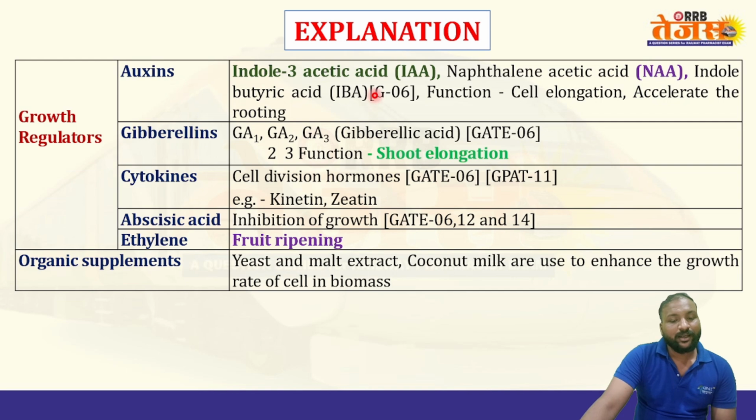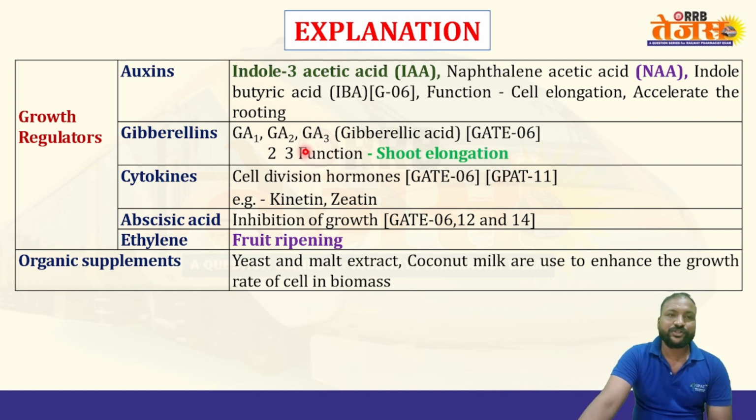Now we can see that in previous years of the GPAT examination as well as the GATE examinations, these questions appeared. About gibberellic acid, what are the natural gibberellins? They were asked.